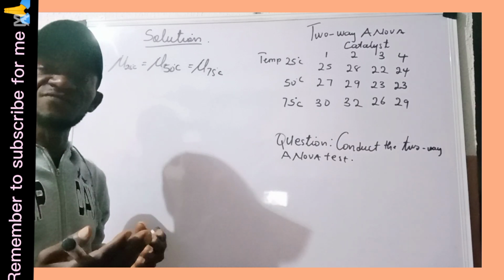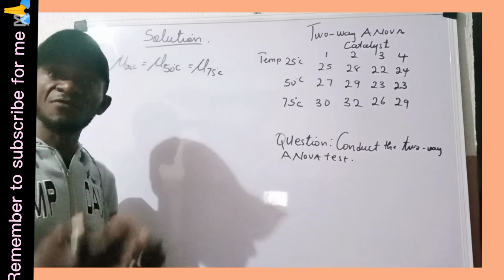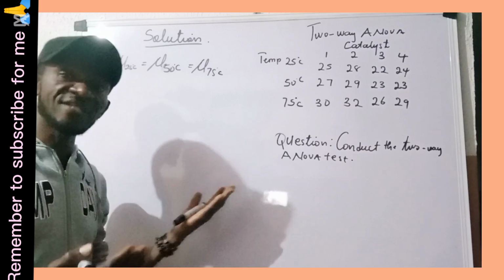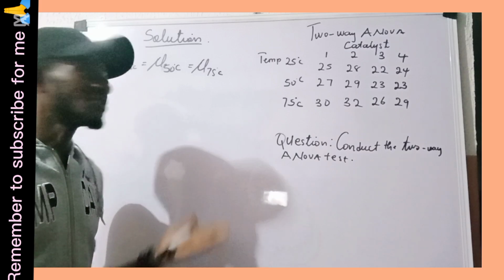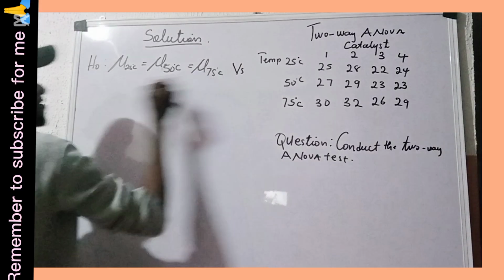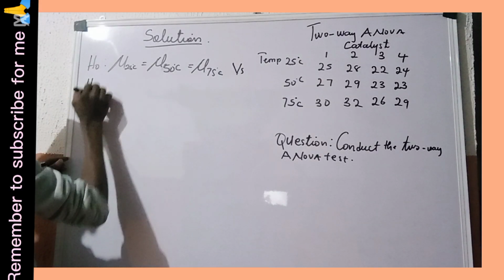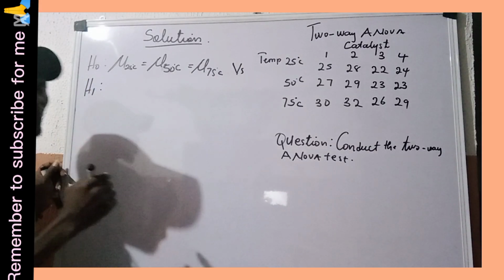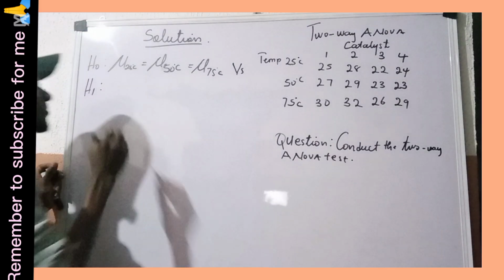Against the alternative hypothesis, which is any hypothesis that contradicts the null hypothesis. So you now say versus, that is against, H subscript 1. This H subscript 1 is our alternative hypothesis.